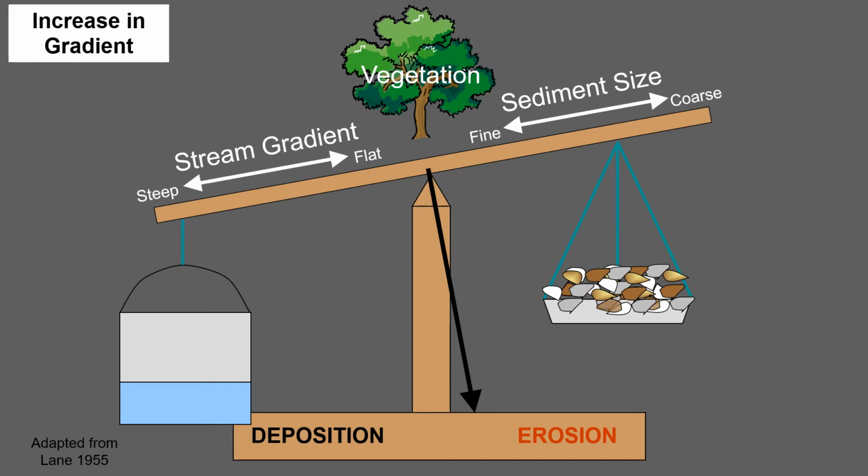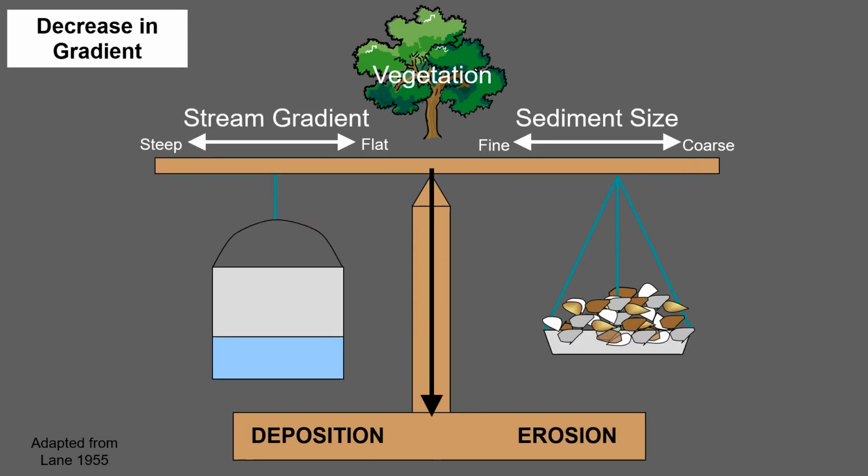This can cause the stream bed to erode and incise or deepen. This is often called head cutting or down cutting. That can then cause the banks to be much more tall and vertical, and it makes them a lot easier to then erode and fall into the creek and thus widen the stream channel as well.